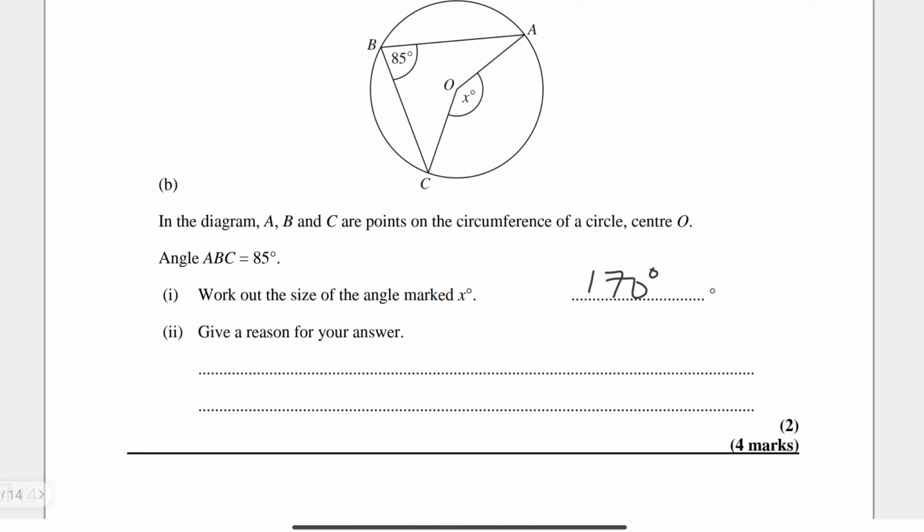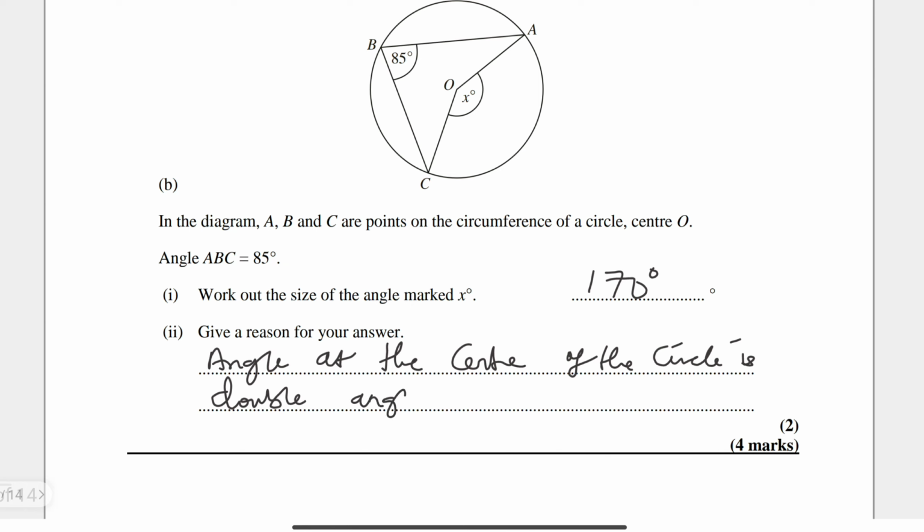And the reason for our answer is the same. Angle at the center of the circle is double the angle at the circumference.